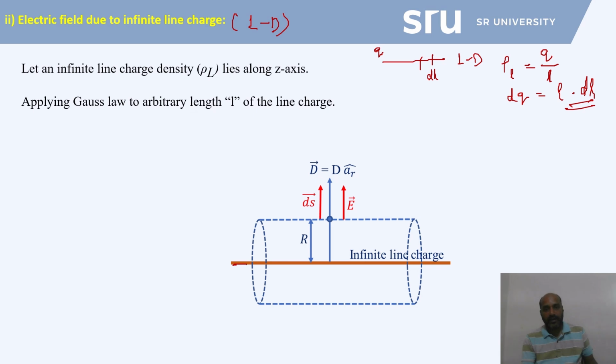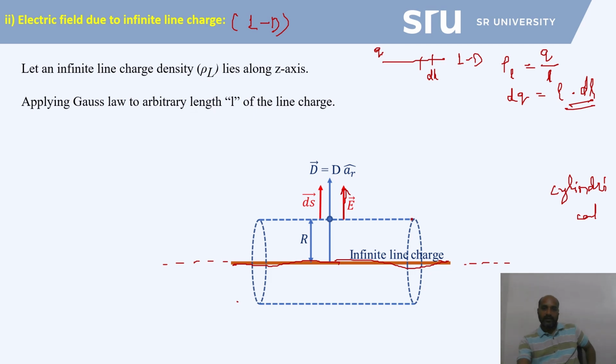This is clear. Now we take that line. This is the line we are considering, that infinite line. For this infinite line, the better Gaussian surface is a cylindrical surface. The better Gaussian surface is what? Cylindrical surface, right? So the electric field will be away from the cylindrical surface.